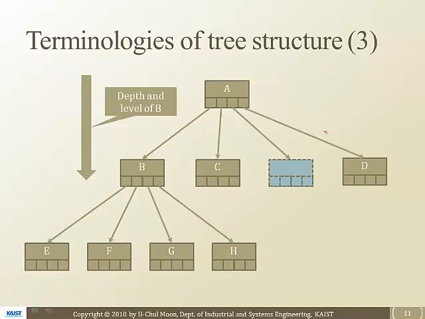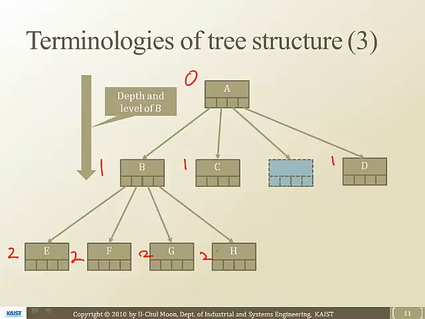So, depth and level. A's steps is 0, B's steps is 1, E's steps is 2. C's steps is 1, D's steps is 1. F's steps is 2, G's steps is 2, H's steps is 2.